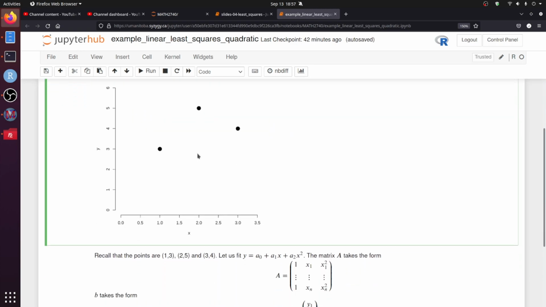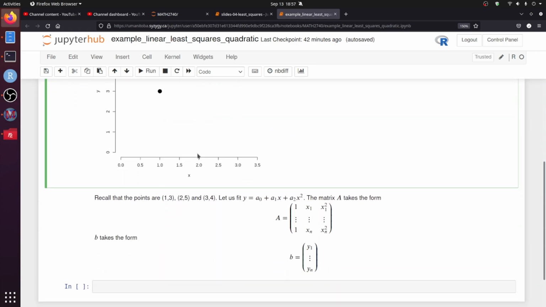So I remind you that the problem is the following. We want to fit a0 plus a1 x plus a2 x squared, and we are going to use the matrix A and the vector B. The matrix A is the matrix where the columns are the coefficients in front of a0, a1, and a2 when evaluated at xi, the data points.